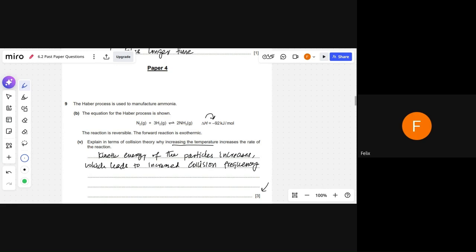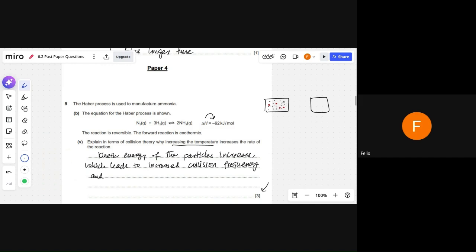And there's another point: when temperature is increased, it increases the number of particles having the activation energy, right? You need to understand that at a given temperature, not all particles of a gas have the same amount of energy. Some particles have higher kinetic energy than the average, and they possess the activation energy. And when these particles, let me draw them in red, collide, reactions take place, right?